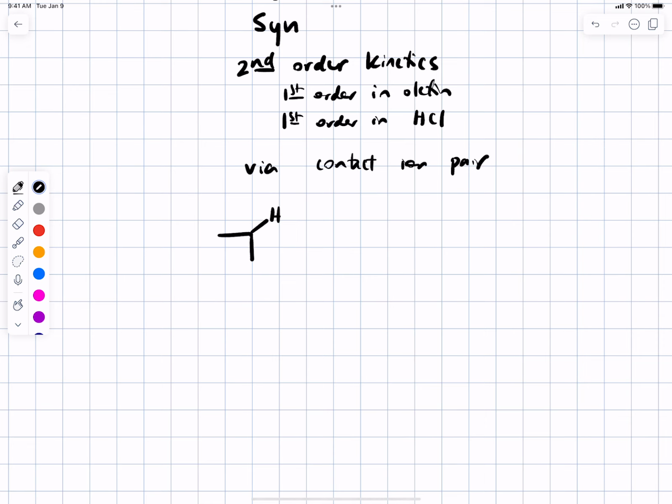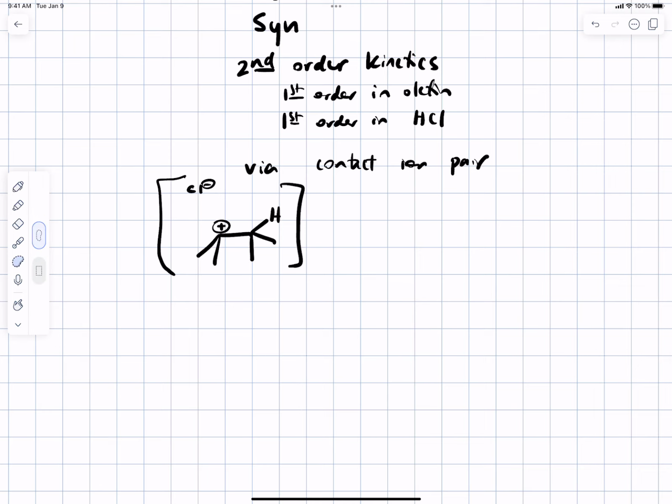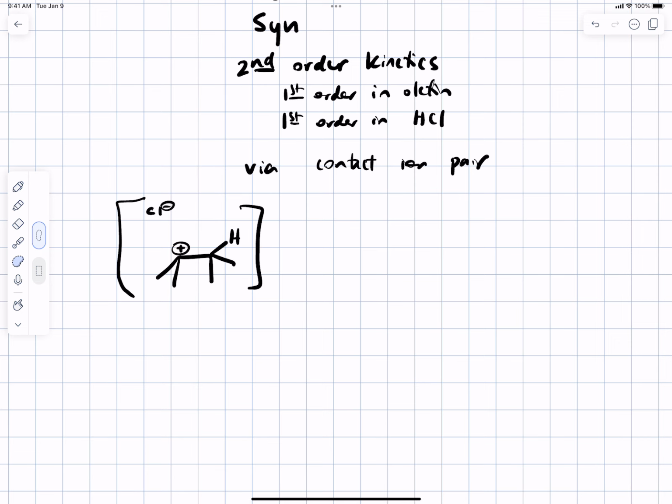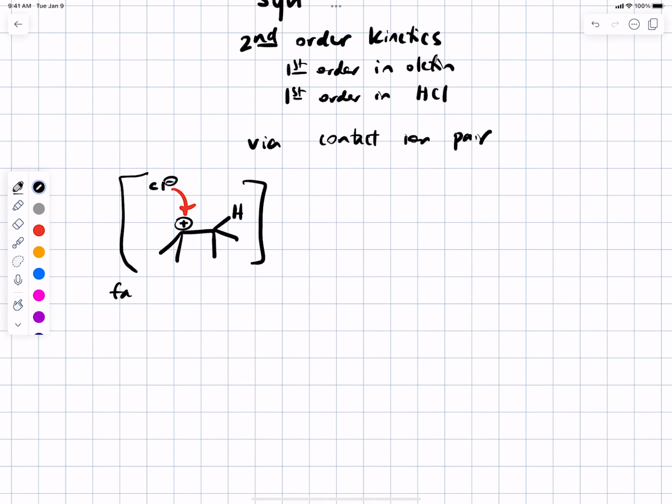One is a fully formed bond between hydrogen and carbon with a full positive charge here, but a chloro that has not yet dissociated and is still on the same side of the olefin and recombines fast enough that there's not time for rotation around the carbon-carbon bond.